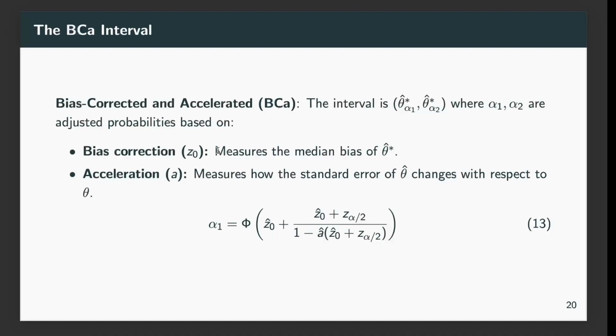If the bootstrap distribution is perfectly centered on θ̂, then half of the replicates should be below θ̂. In this case, z₀ would equal Φ⁻¹(0.5), which is equal to 0, so no bias correction is needed. But if more than half of the replicates are below θ̂, then z₀ will be negative, and this indicates a downward bias. And vice versa if more than half of the replicates are above θ̂.